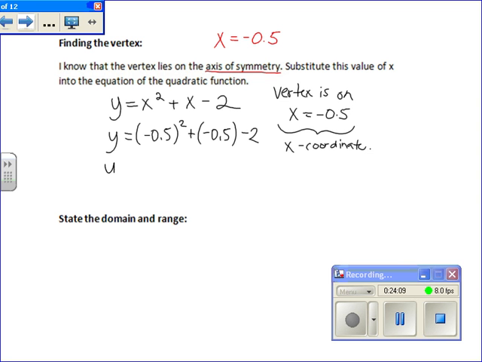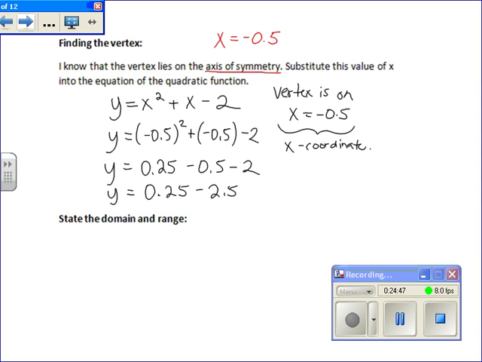So let's do that. We get negative 0.5 squared is going to give me positive, negative times a negative is a positive, 0.25. Okay, and then I've got minus 0.5 minus 2. So if I do this in a couple of steps, this is going to be 0.25. Negative 0.5 and negative 2, I could put those together. That's going to give me a bigger negative, negative 2.5.